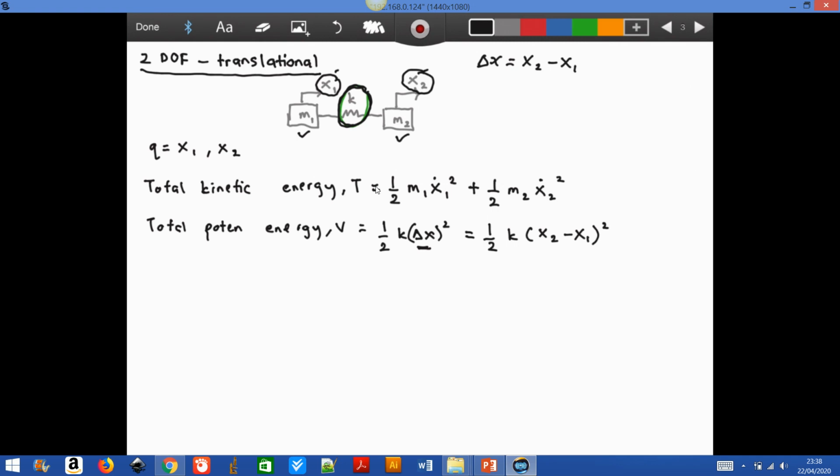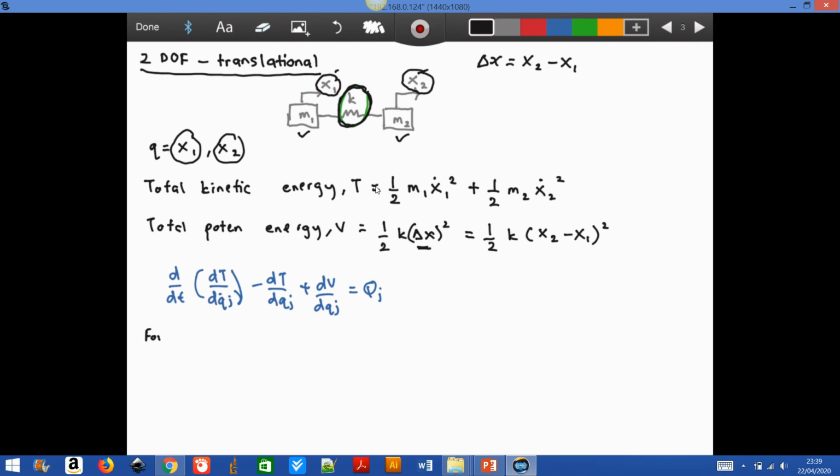Alright, so we're going to use Lagrange here. I write the equation again, in order for you to see it clearly. d over dt of dT over dq dot j, minus dT over dqj, plus dV over dqj equals capital Qj. Because here we've got two generalized coordinates, x1 and x2, let's start with x1 first.